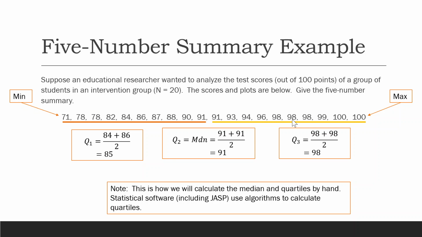We've simplified it by hand, but your computer software uses other methods. So beware of that if you're doing some homework or you're looking at a quiz or some other data and they're getting differing numbers than you are. Usually, if we don't have a large data set, I'll say do this by hand. But if we have a large data set, I'll say put it in JASP, and I'll be very specific as to what method you're going to be using and what number you should give.